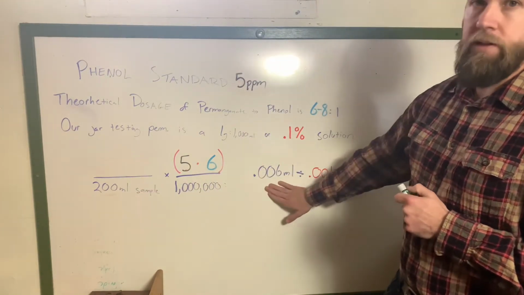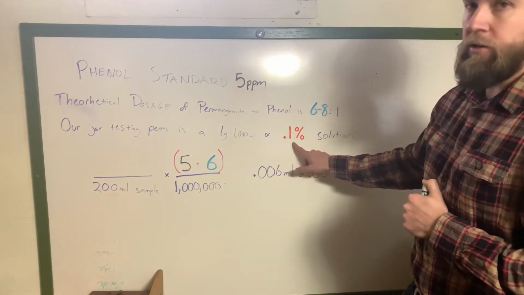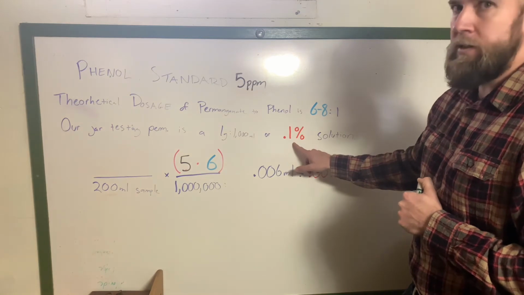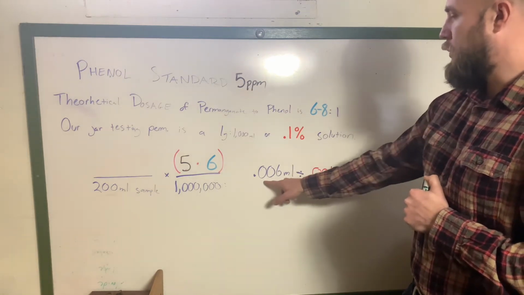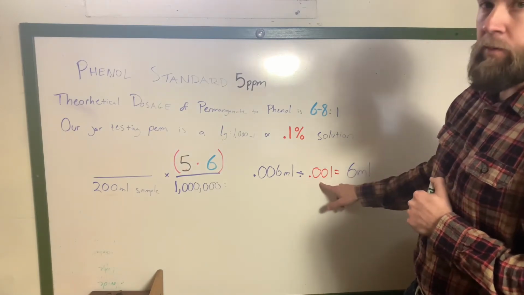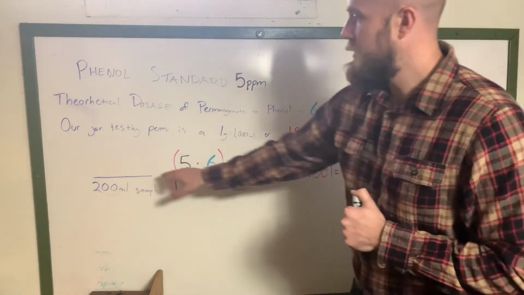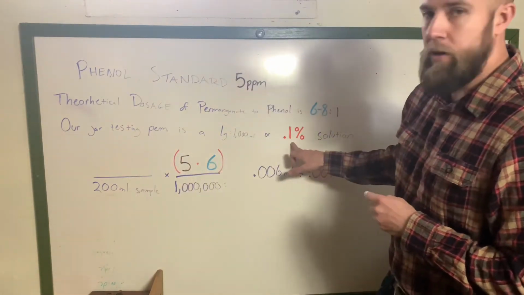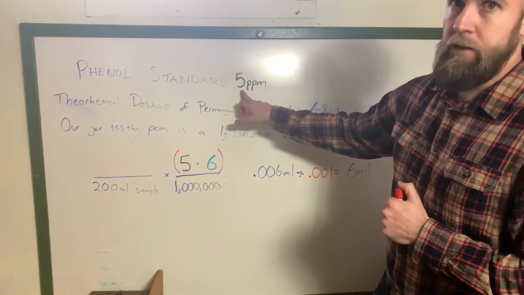That'll give us 0.006 mils. Now we need to divide that by our dilution factor. Going from a percentage to a decimal, we'll move the decimal over 2 places. So 0.006 divided by 0.001 will give us 6 mils. So we're going to put 6 mils of our 0.1% solution of permanganate to neutralize 5 ppm of phenol.